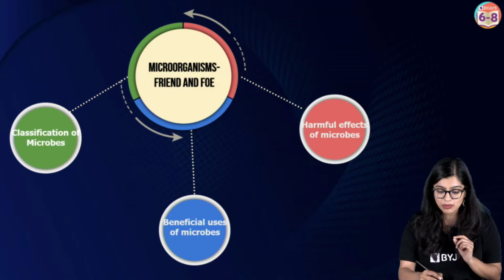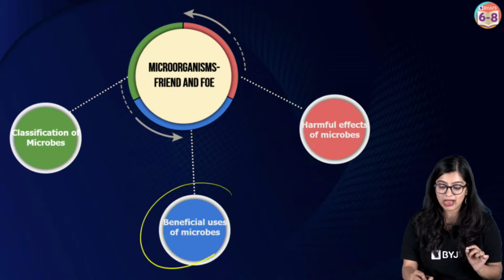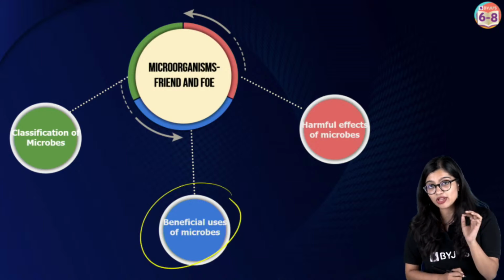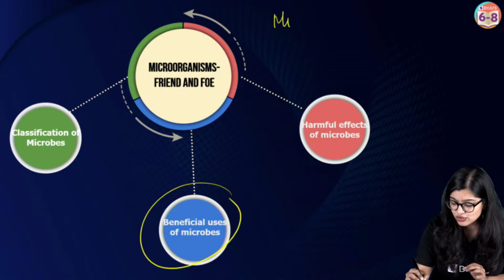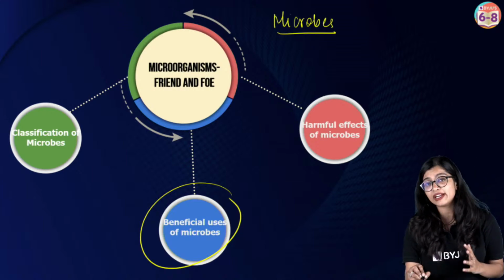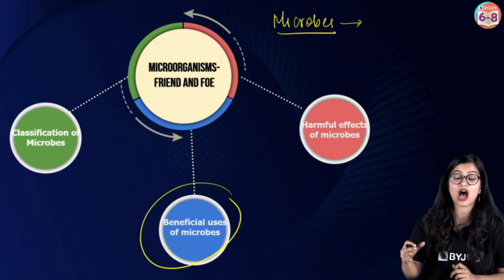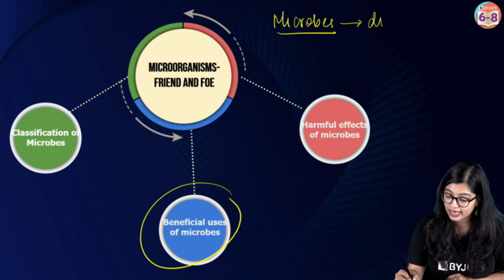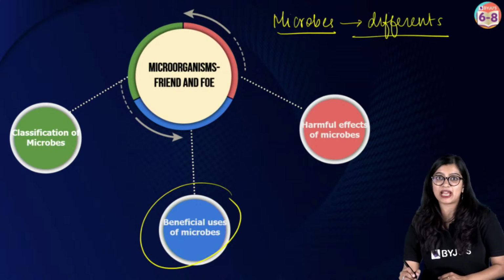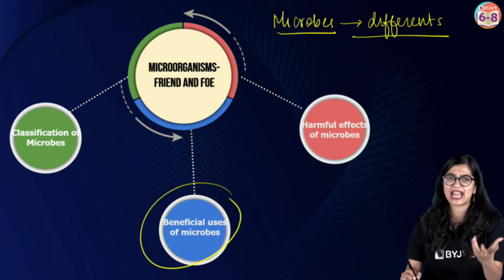Yes. Now we will move on to understanding more about microbes and their uses. But before that, let me tell you, we saw that there were so many different types of microorganisms, right? Microorganisms are found in different places. It's not that they are only found on land or water.